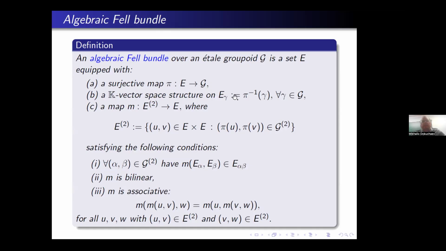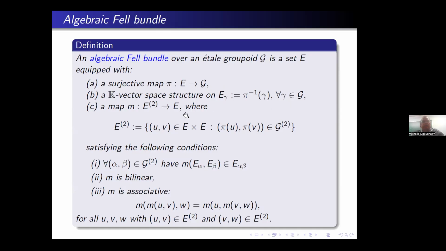Fixing gamma from the groupoid, we consider pi inverse of gamma, and we call this set the fiber over gamma. This fiber over gamma is supposed to be a vector space.